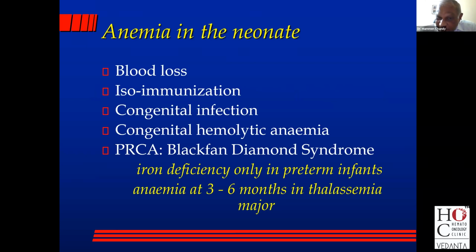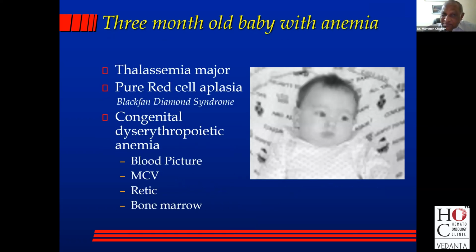Is it a congenital infection? Is it a congenital hemolytic anemia? Most congenital hemolytic anemias manifest only after 2 to 3 months and not at birth. Very, very rarely, a pure red cell aplasia can manifest in the neonate. So these are the causes of anemia in the neonate, right?